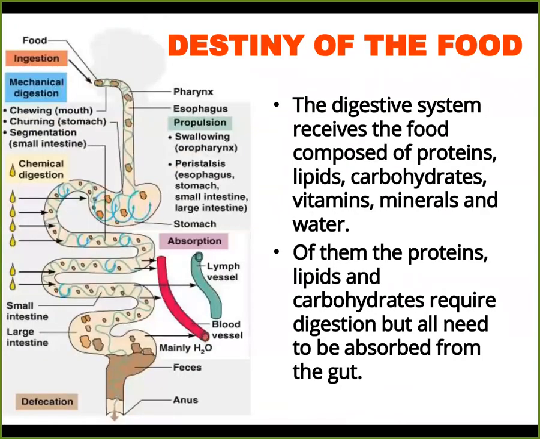All this digestive system consists of the gastroesophageal tract, stomach, intestine, and several additional glands like the liver and pancreatic gland, which take part in the processes of digestion.